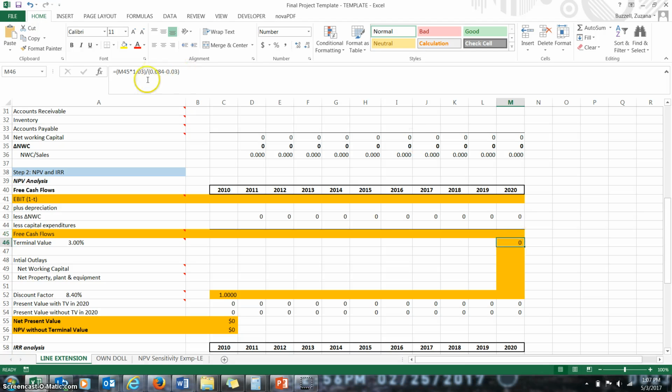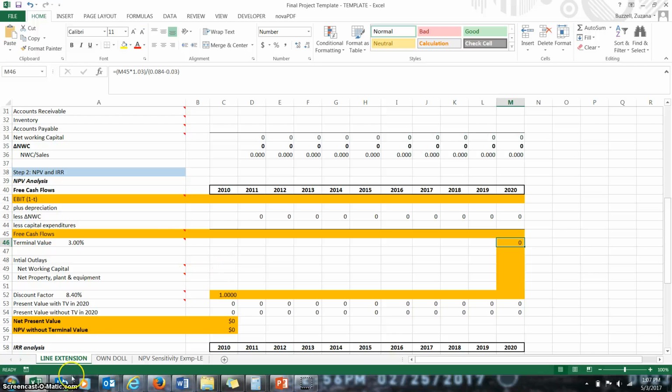You'll take that free cash flow and grow it in perpetuity going forward, so you have the times 1.03. This is a simple annualized perpetuity. That's nothing you haven't seen before. Probably you have been taught this in FIN-630.